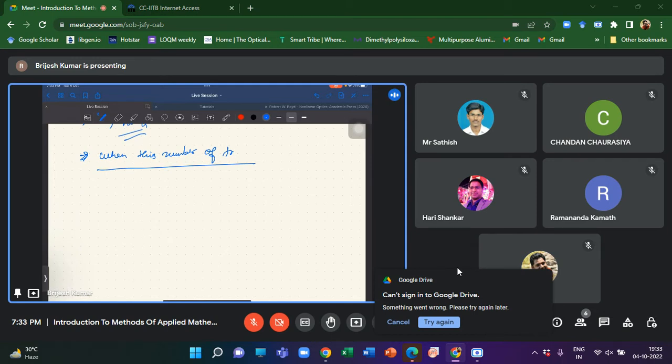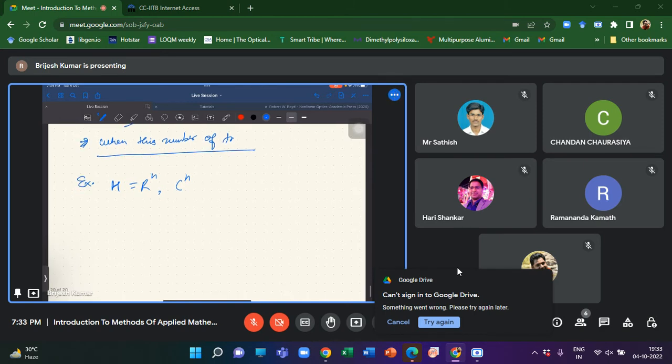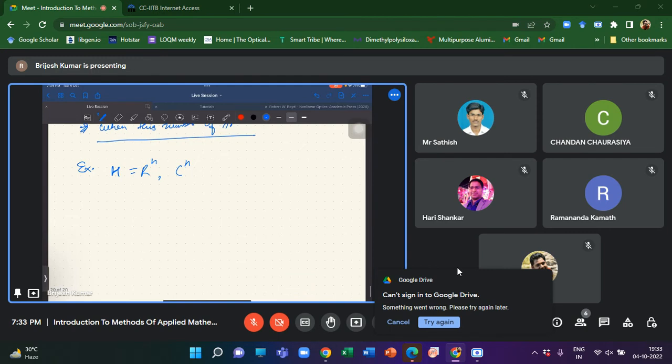For example, let's take one simple example. Consider the Hilbert space H, which is R to the power n or C to the power n, n dimensional. We then define a frame more formally.